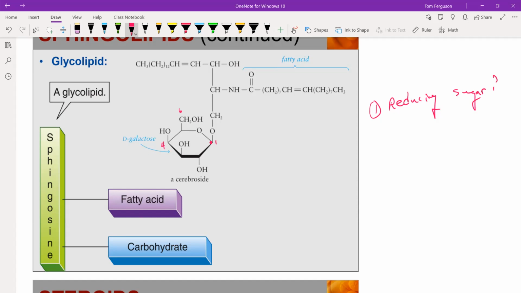So this reducing sugar, how do you know if it's a reducing sugar or not? We check if it's a hemiacetal. Exactly. Do we have a hemiacetal present?